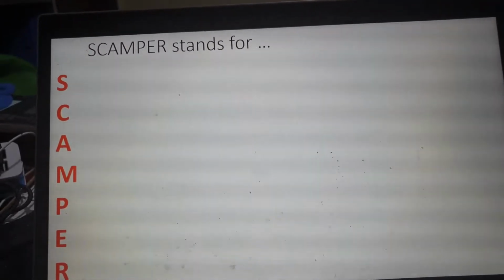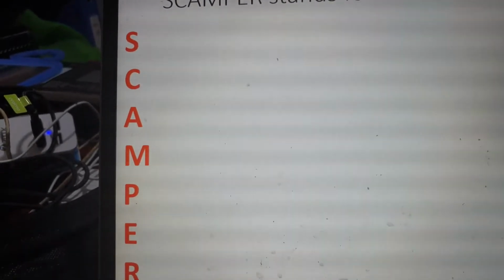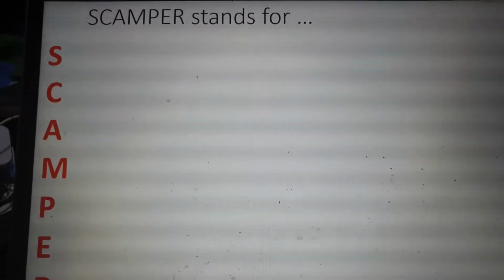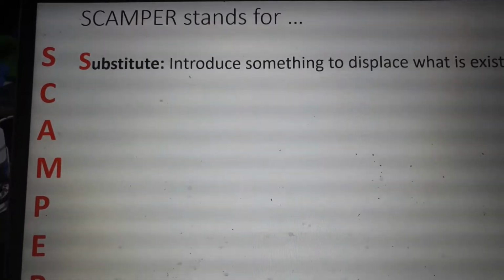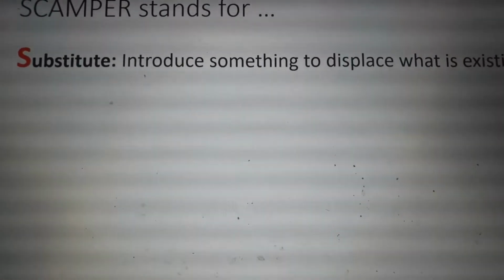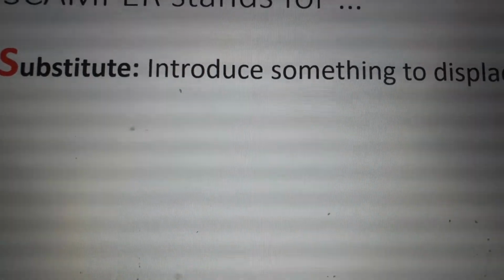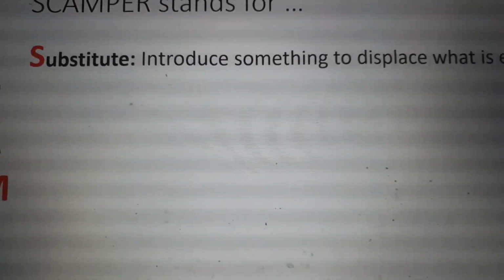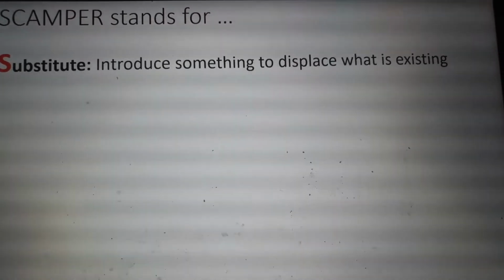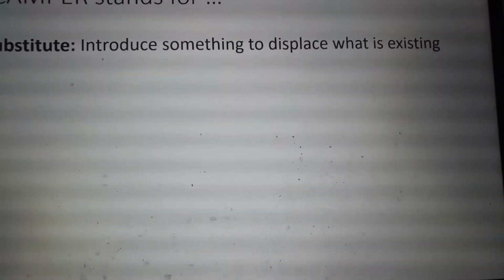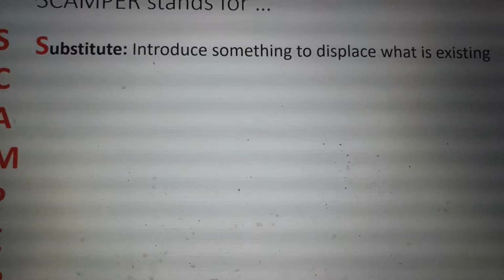So, Scamper, you can see we are writing the word Scamper. S-C-A-M-P-E-R. So what is Scamper? The S stands for substitute. Introduce something to displace what is existing.